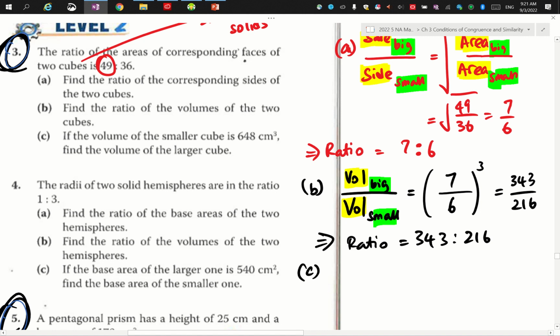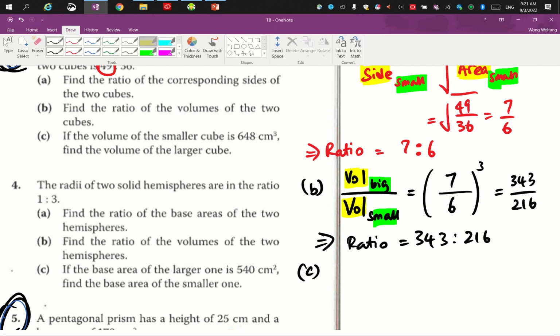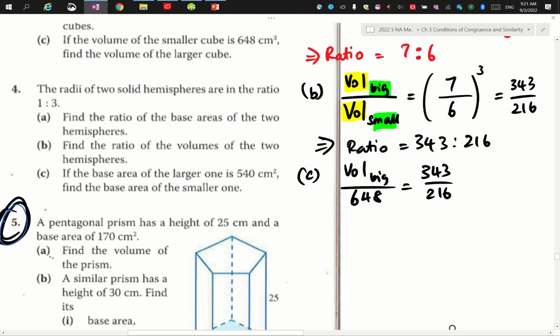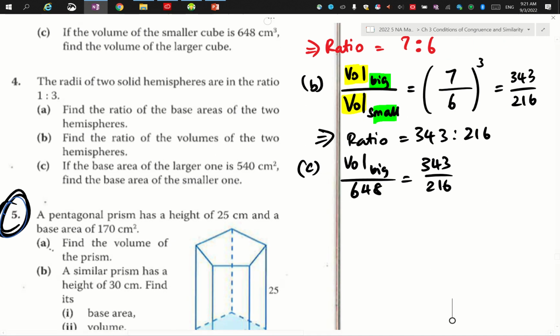And then now part C. They tell you that volume of small cube 648, find volume of bigger cube. Okay. Very conveniently, we can use what we already found. Volume big divided by volume small. We put what we want to find out in the top left hand corner of the fraction. Always makes life easier. Divided by 648, this has to be 343 over 216. So carry on. We want to get rid of 648.